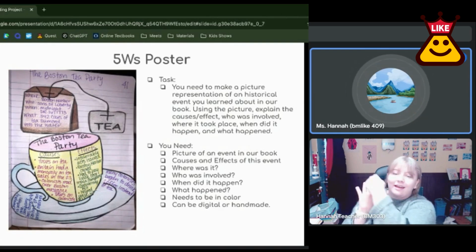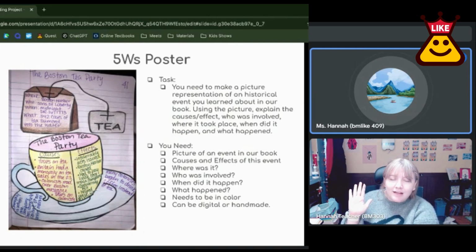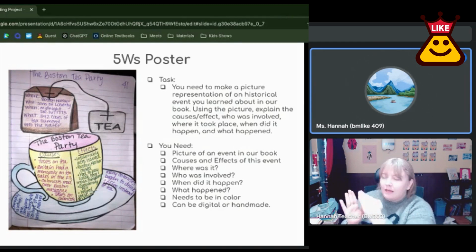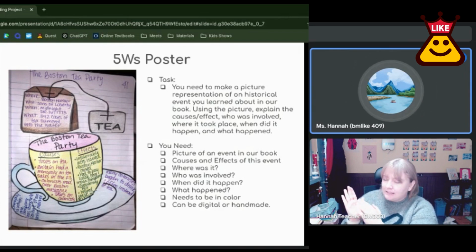When you present this, you might say, I chose to do the Boston Tea Party. Here, I chose to do a cup to represent a teacup and the tea bag to represent the tea. I listed some of the causes as blah, blah, blah, and the effects as blah, blah, blah. The who was these people, the where, these people, the when, and blah.